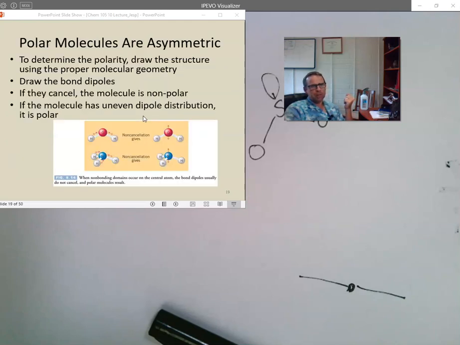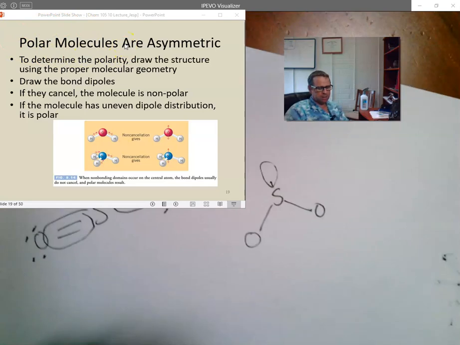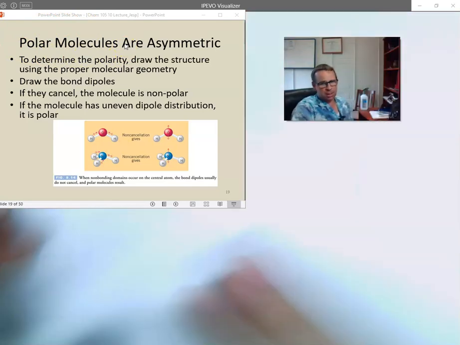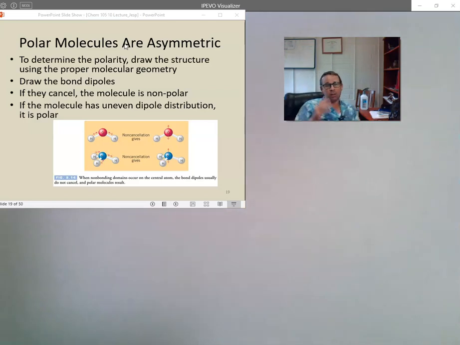Okay. So, resulting molecules that are asymmetric in their shape can be called polar molecules. Now, we've talked about polar bonds being asymmetric in the amount of electron density that they want to stabilize, and that's based on electronegativity. Molecules can also be identified as polar based on their resulting shape.